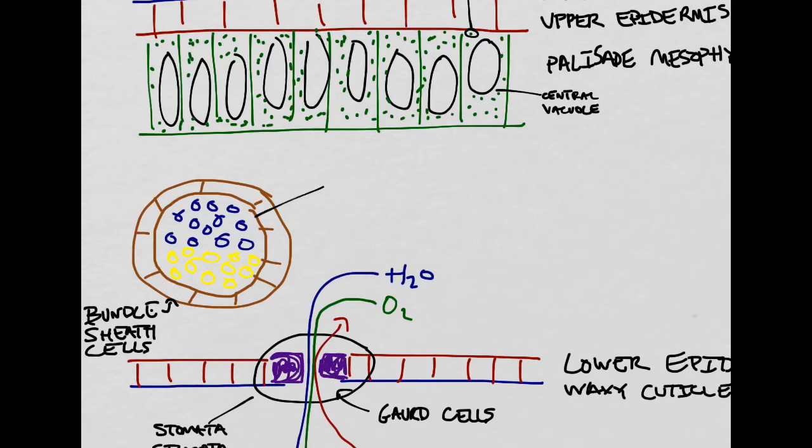The top layer of cells is called the xylem. X-Y-L-E-M. And the xylem is responsible for transport of water from the soil. Water in the soil is absorbed by the roots and then transported through capillary action up to the leaves, and that all happens through the xylem. And then the bottom, the yellow cells that I've drawn here, are called phloem.